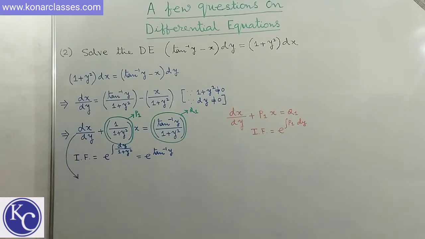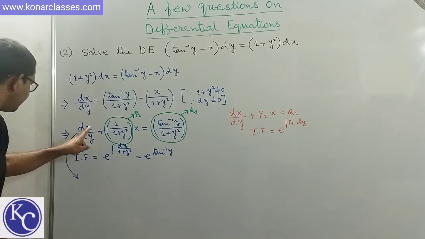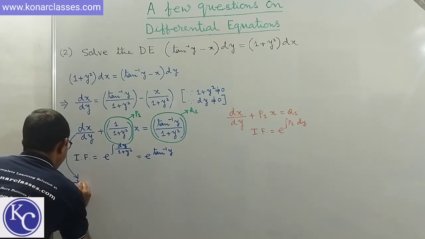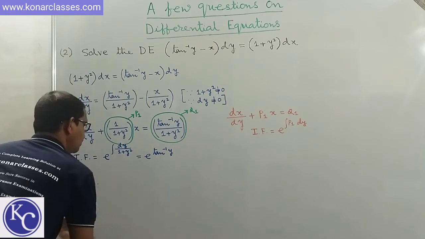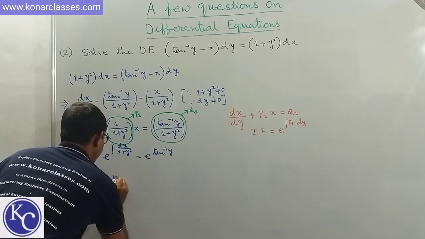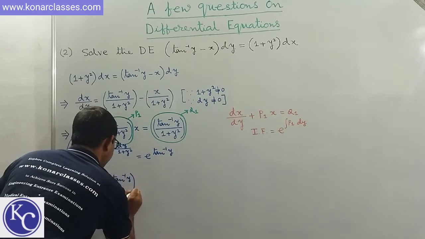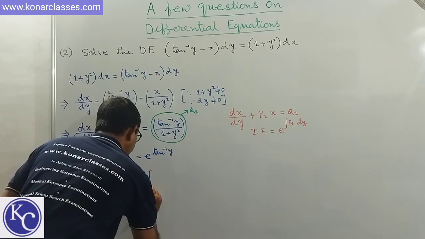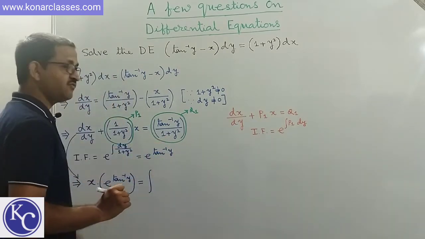The solution is x into the integrating factor, that is x into e power tan inverse y, is equal to integration q1 into integrating factor dy.